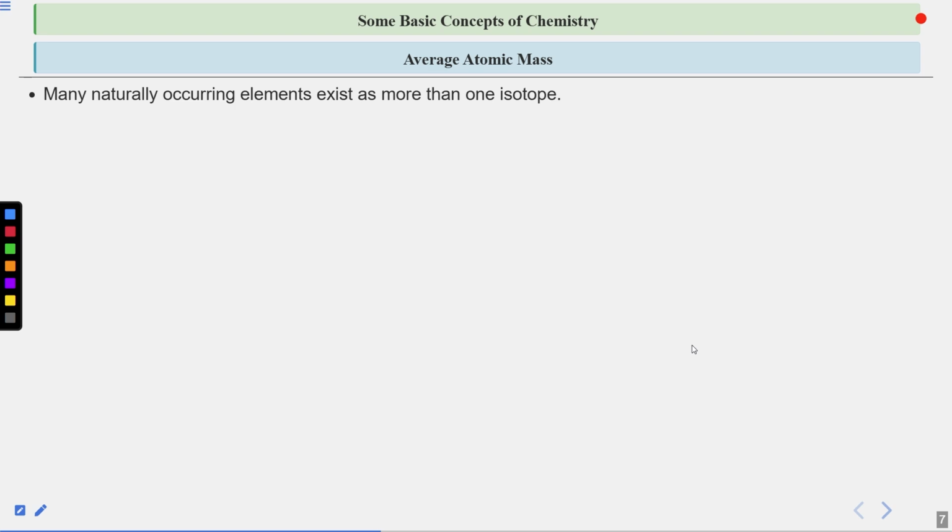The need for average atomic mass was there because one element can exist in more than one form, which are called the isotopes. So what are isotopes? Isotopes are the atoms of an element which have the same atomic number but different atomic mass.